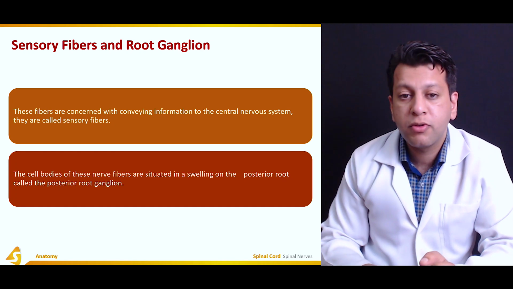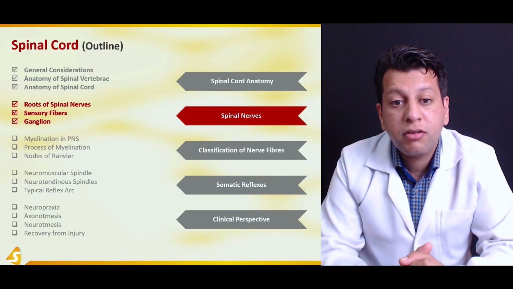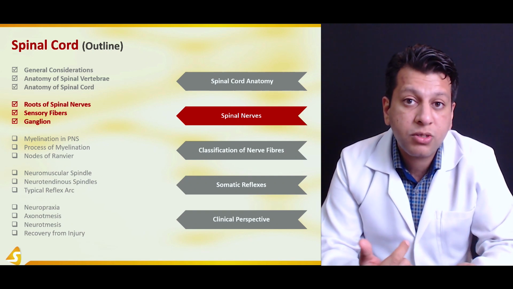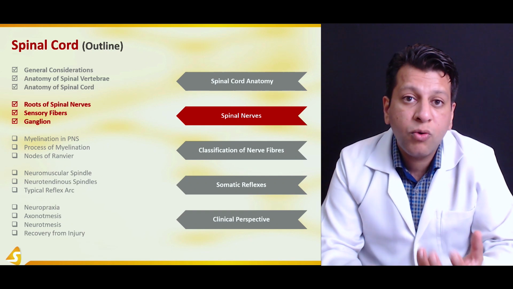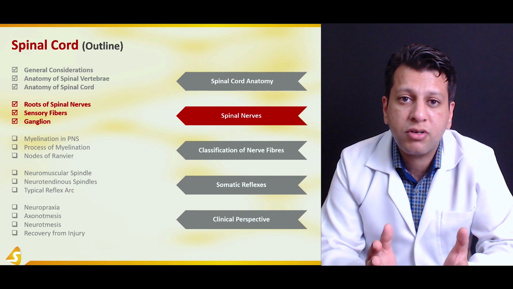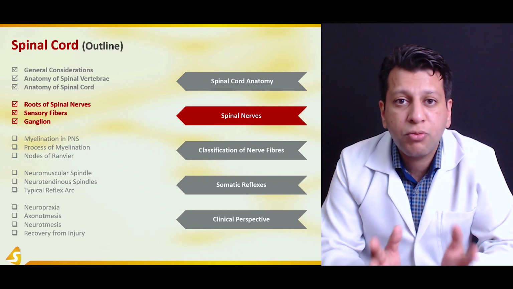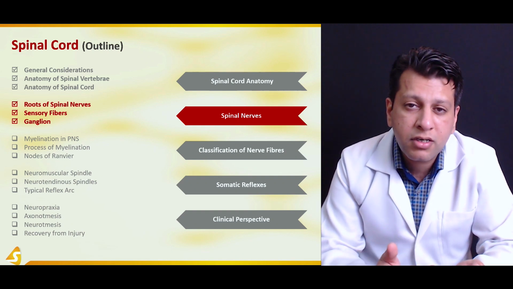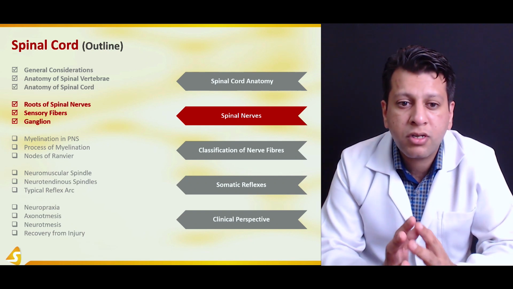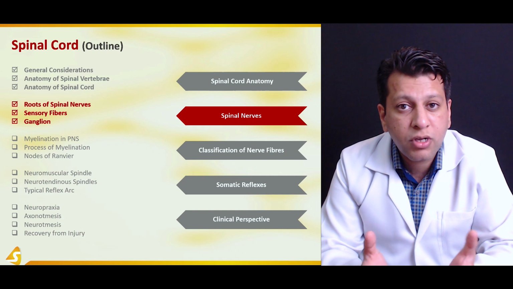Now, coming to this section, we have covered the structure of the spinal cord, what the ascending tracts are, what the main descending tracts are, and why they are called ascending and descending tracts. The ascending tracts are bringing information towards the central nervous system. Descending tracts are bringing information from the central nervous system towards the effector organ. What is a posterior root ganglion?